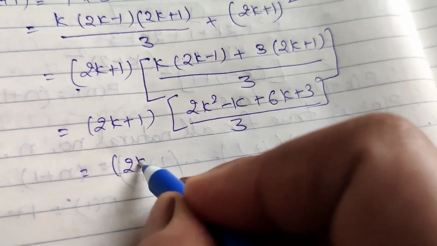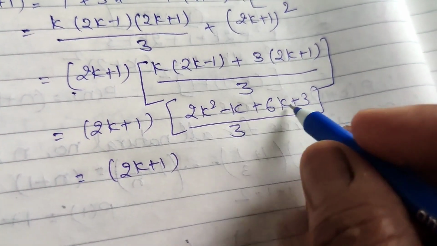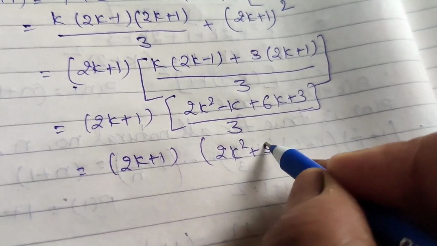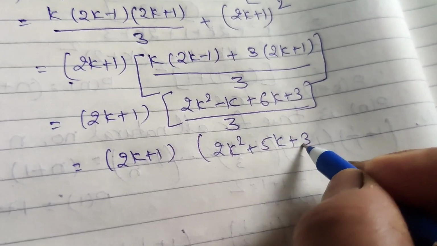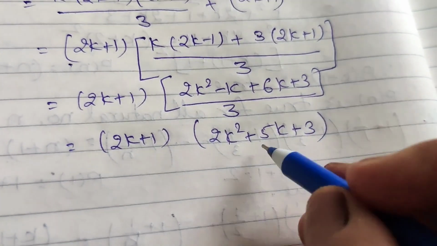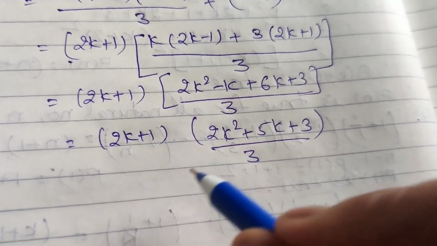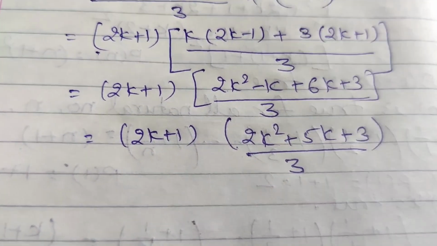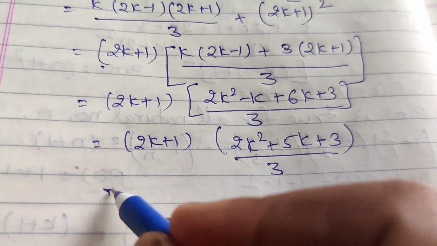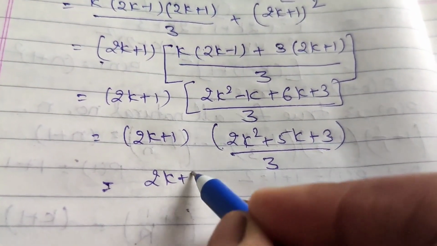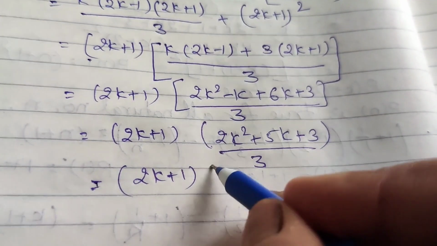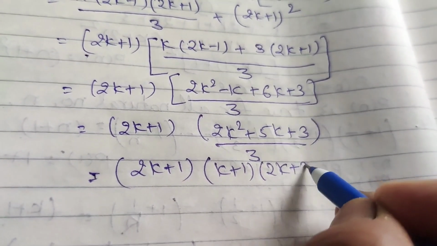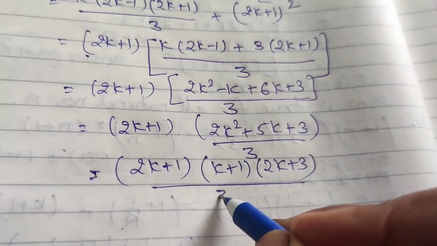It is (2k plus 1) times (2k square plus 5k plus 3) by 3. Now factorize this one. 3 times 2 is 6. So we get the factorization by middle term splitting. It is (k plus 1)(2k plus 3) by 3.